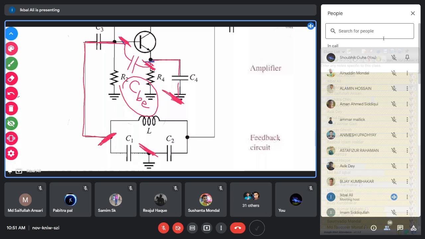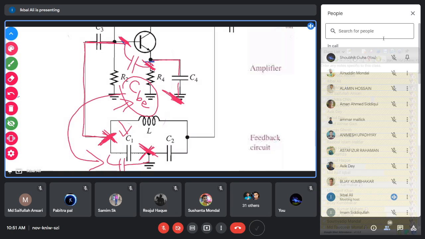It appears parallel to C1. That can affect the capacitor, because if you don't consider CBE, then the capacitor between the ground point and the feedback point is C1. If you consider the junction capacitance between the base and emitter, that capacitor will be modified. It is now the parallel combination of C1 and CBE, because the CBE capacitor is actually coming here.